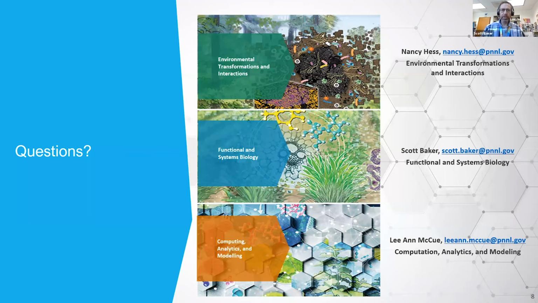For example, characterizing dissolved organic matter in different types of environmental samples, so that we can bring that data together and better understand or predict what's going to happen in the environment. And then in computing and analytics and modeling, we're again developing a wide variety of tools.